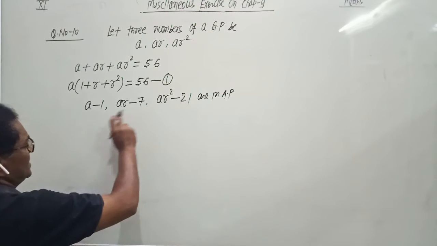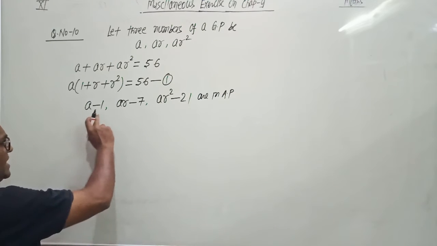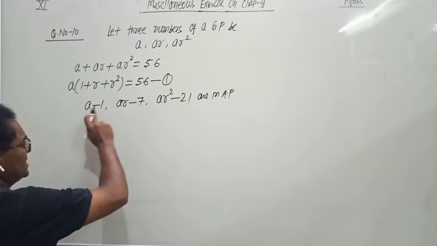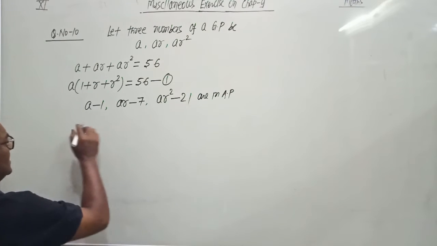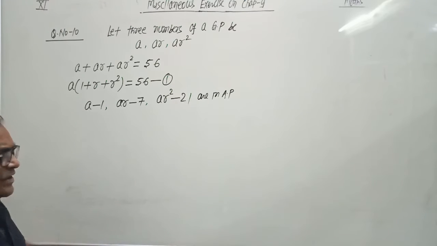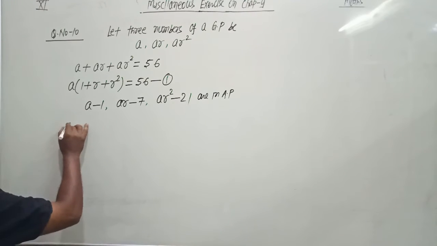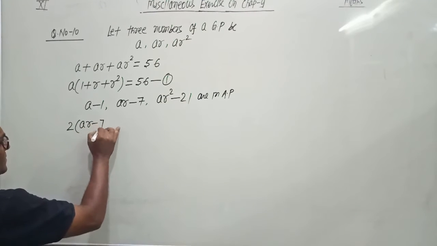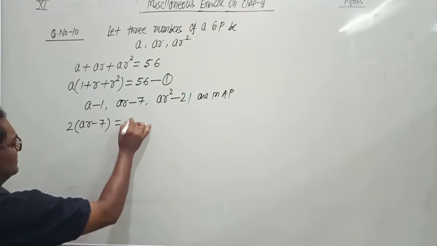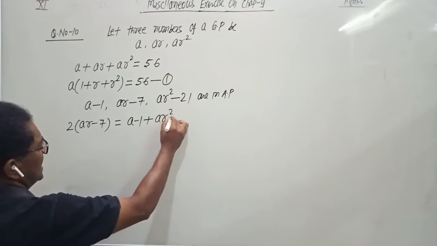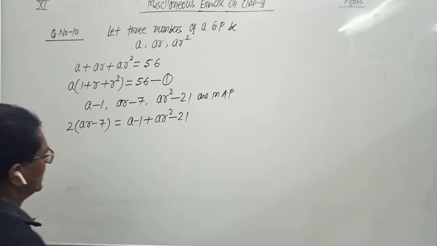This is in AP, and we know that if A, B, C are in AP, then 2 into B equals A plus C. So since these three terms are in AP, we can write 2B equals A plus C, means A minus 1 plus AR square minus 21.